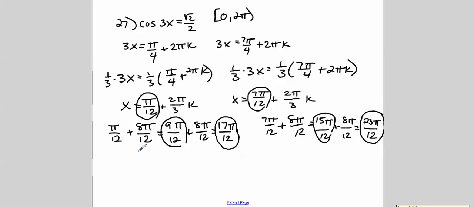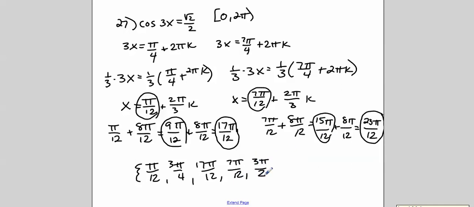Now I'm going to write them down and simplify the two that need simplifying. Pi over 12. 9 pi over 12 simplifies to 3 pi over 4. 17 pi over 12. 7 pi over 12. 15 pi over 12 simplifies to, is that 3 pi over 2? Divide it by 3. No, not quite.